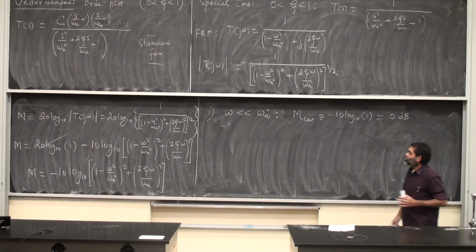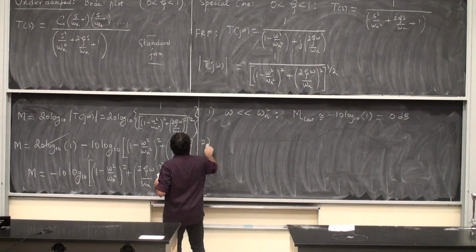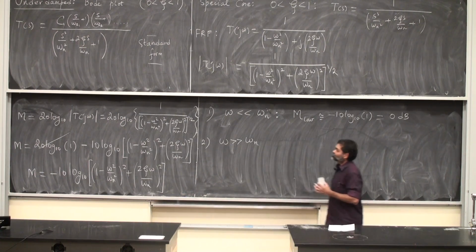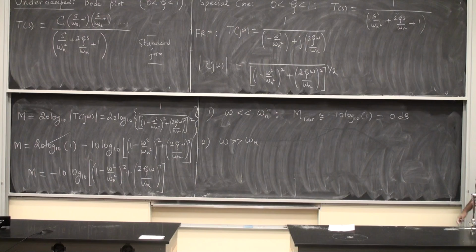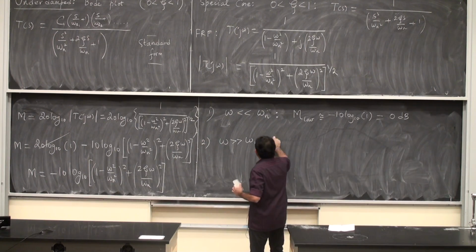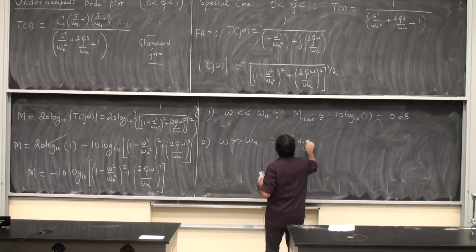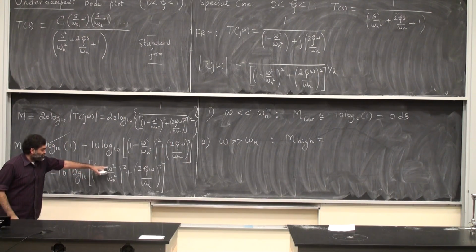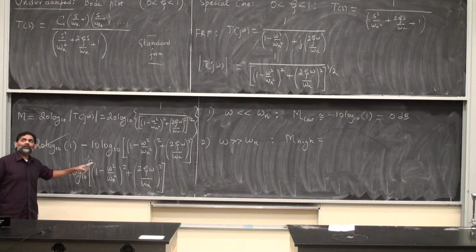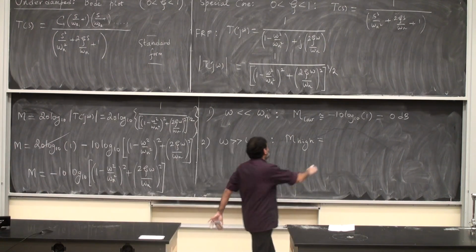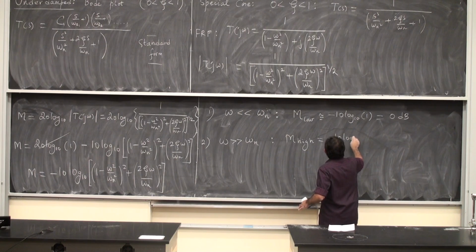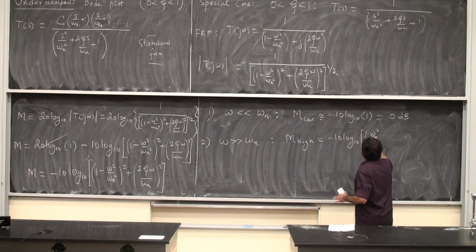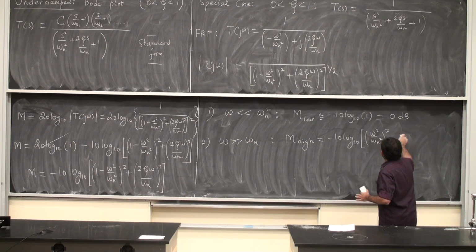Okay, 2 more minutes. For very large values of omega, not omega squared, I'm sorry, just omega over omega n, this now gives me the high frequency asymptote. Watch this. It's going to be omega squared by omega n squared, much larger than 1, so the 1 can be discarded.